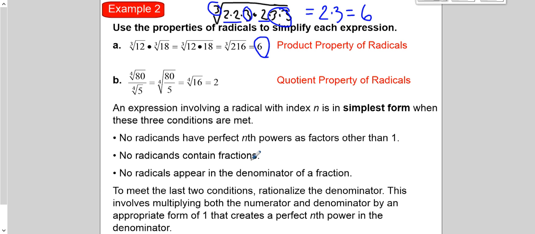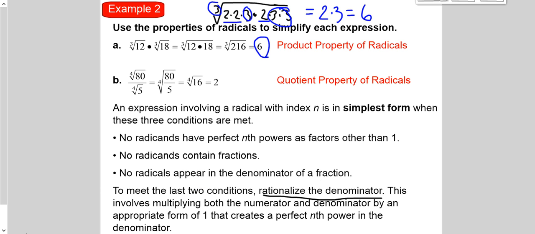No radicands contain fractions. No radicals appear in the denominator of a fraction. To meet the last 2 conditions, rationalize the denominator. This involves multiplying both the numerator and denominator by an appropriate form of 1 that creates a perfect nth power in the denominator. Okay, we've got some work to do with rationalizing the denominator.